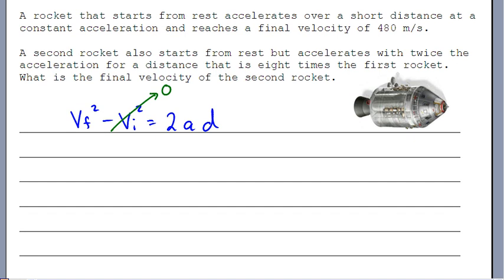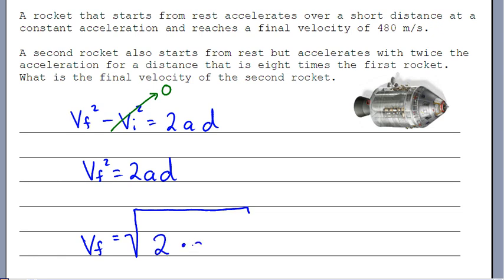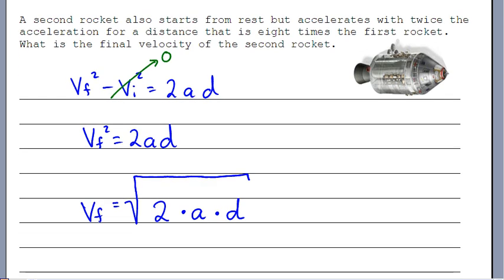As I tidy this up, I end up with VF squared is equal to 2AD. Now I'm going to take a square root. So that VF is going to be the square root of 2 times A times D. All of that is in that radicand.